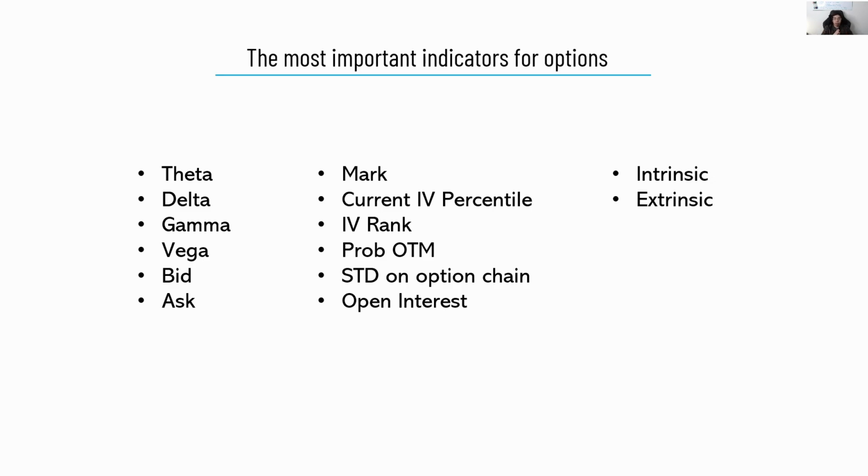I know that sounds confusing, but again, I will give you guys an indicator just to clear yourself a bit more solidly in case you get confused. You guys will have a custom IV rank indicator. Now the others are probably out of the money. Of course, that's essential. The standard deviation on the option chain, essential. Open interest, essential. And intrinsic and extrinsic, very essential. So those are all the ones that you should pay attention to the most.